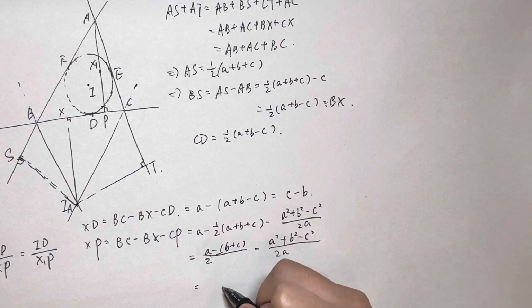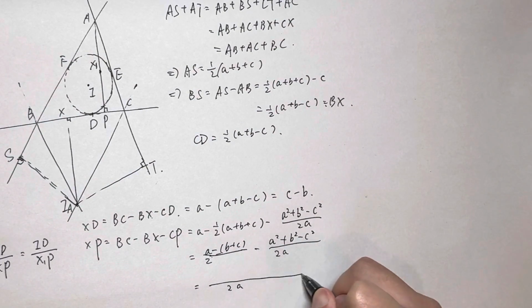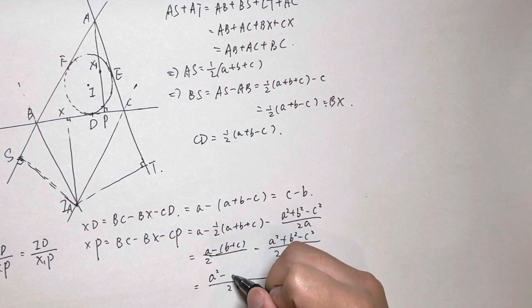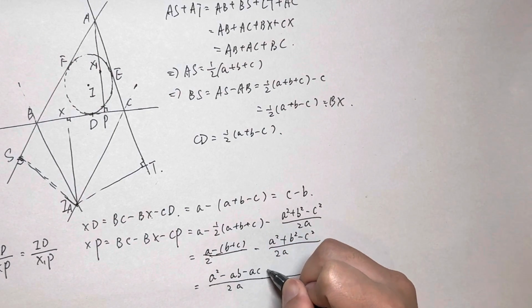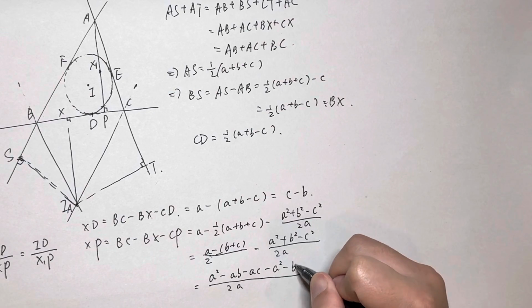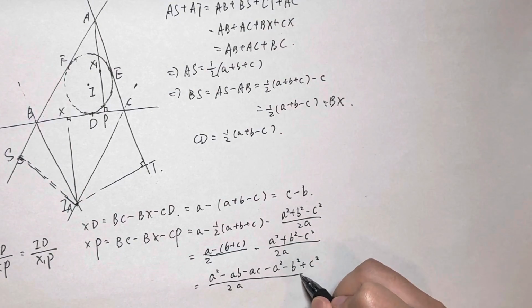So it equals a squared minus ab minus ac minus a squared minus b squared plus c squared, right?